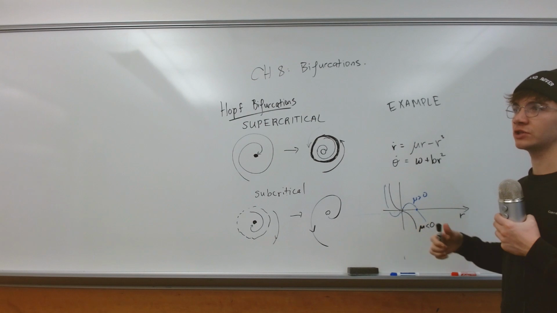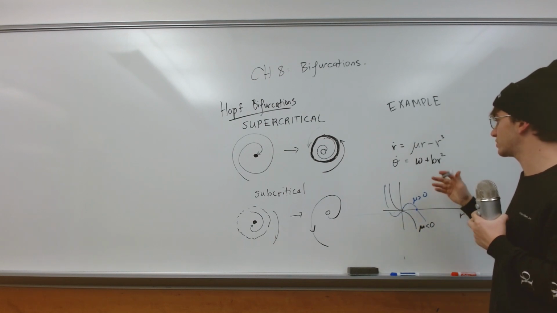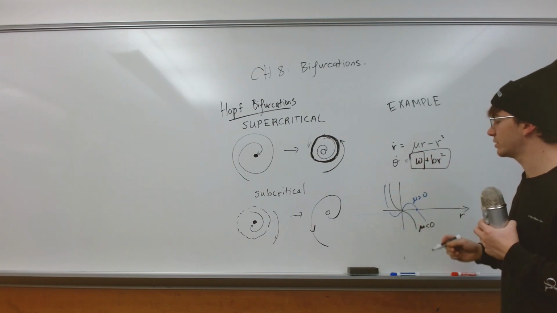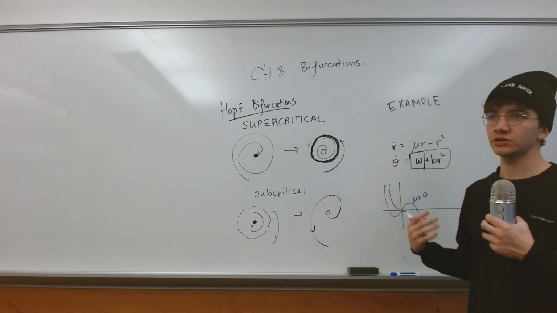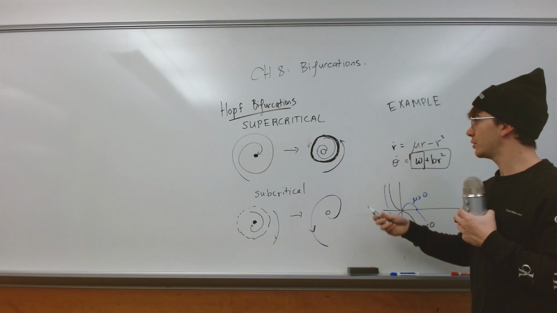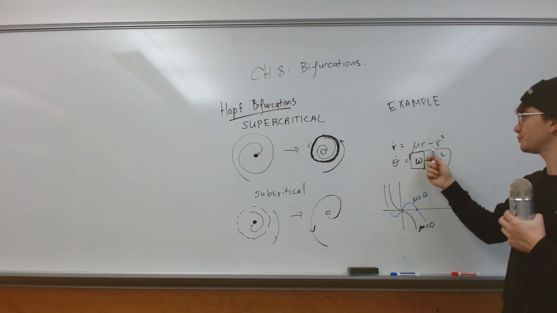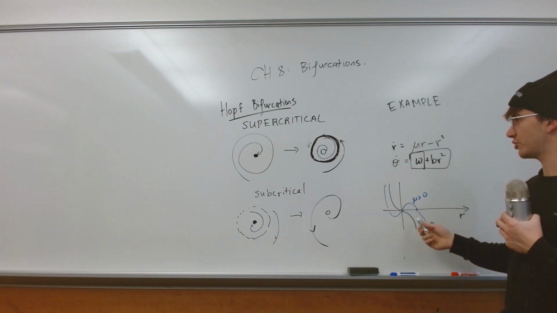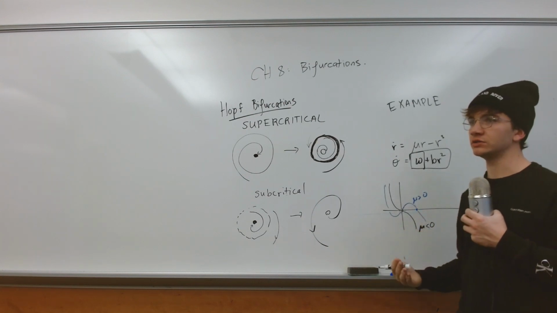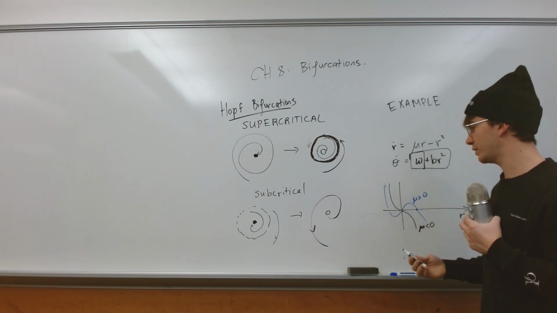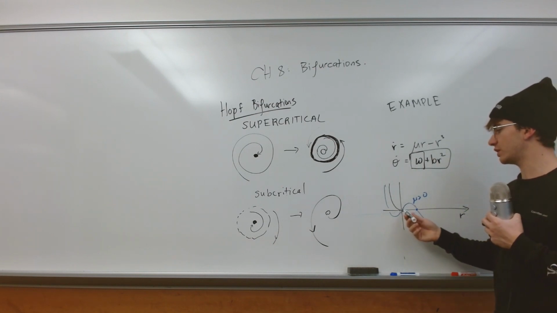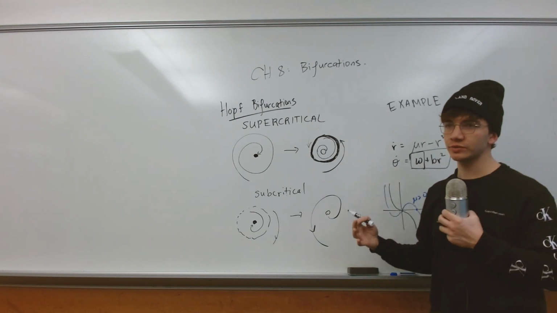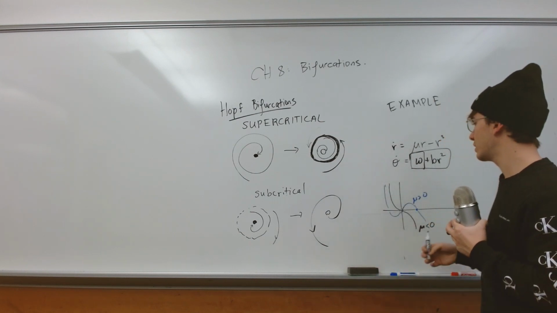So the direction of flow is governed by this equation, and specifically near the origin it's governed by omega. That's going to determine if our spiral is clockwise or counterclockwise. But the r dot term is going to determine if we have a stable or an unstable spiral. Specifically, if the fixed point at 0 is unstable in the radial direction, then we're going to have an unstable spiral, for obvious reasons.